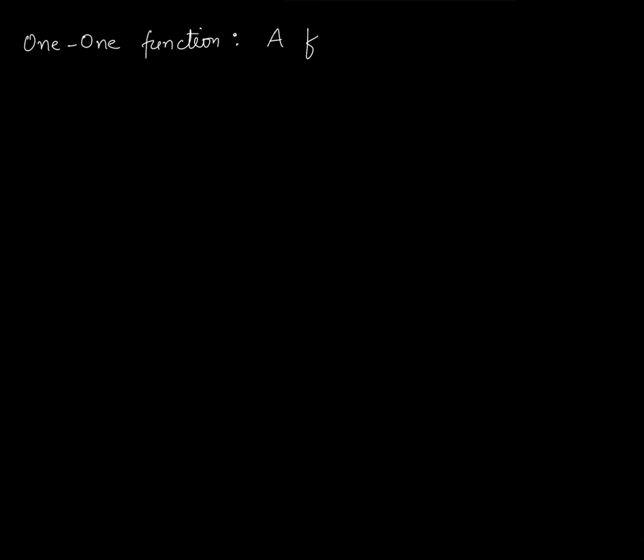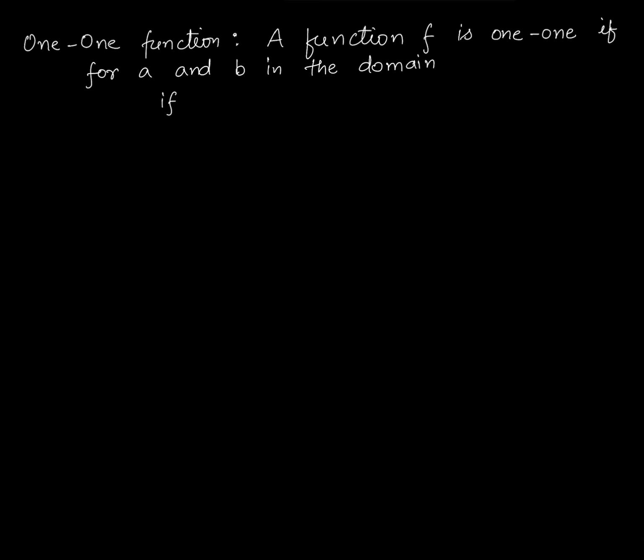A function f is 1-1 or 1-to-1 function if for A and B in the domain, if A and B are different, then their image need to be different.